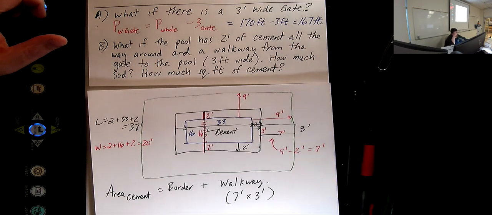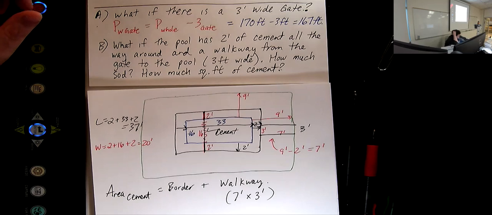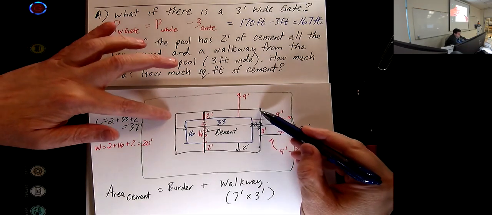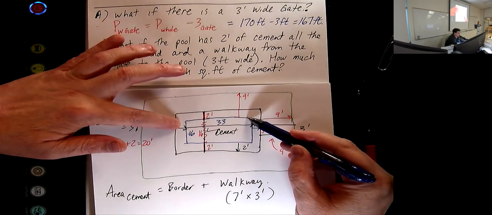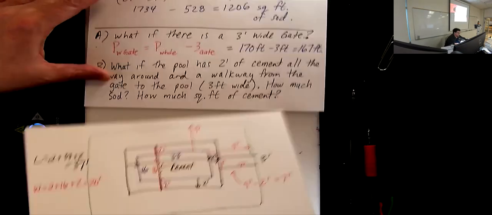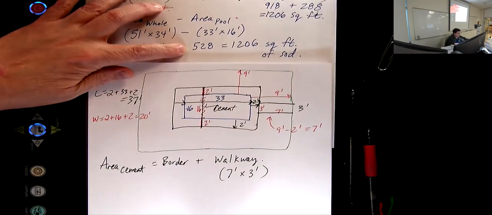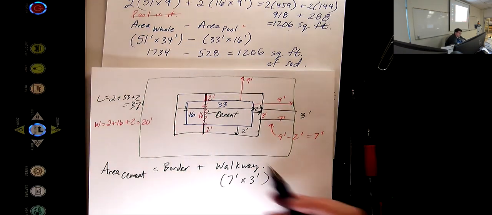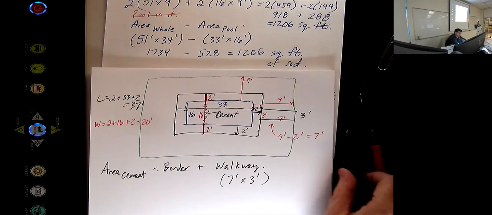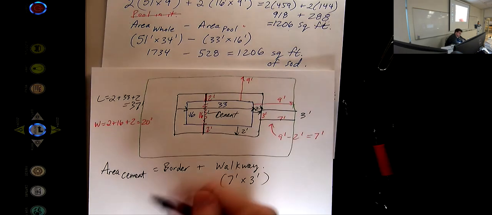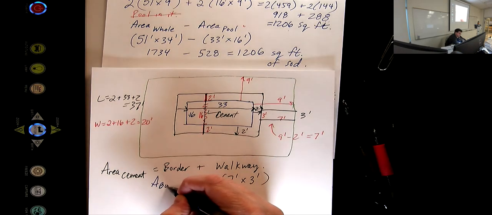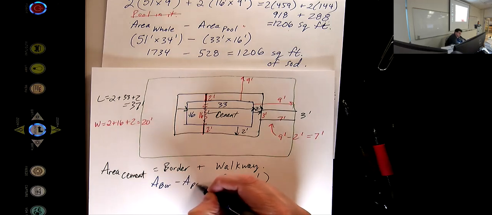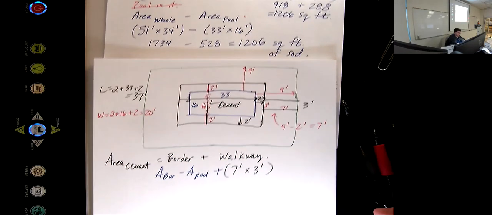So I think Andrew's method was less operations. We do the area of the cement minus the area of the pool, especially since we already figured out the area of the pool and I don't need to recalculate it. So we're gonna do the area of the border minus the area of the pool, plus this walkway.